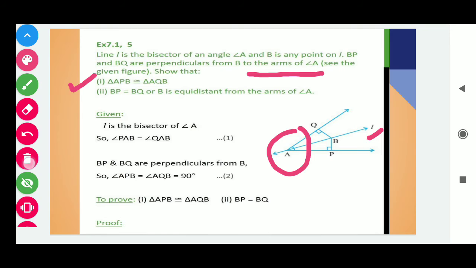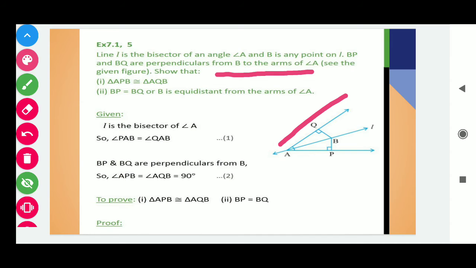So in this way, L is bisector of angle A and B is any point on the line L. BP and BQ are the perpendiculars. You can see BP and here BQ both are the perpendiculars from B to the arms of angle A, and here we have to prove that triangle APB is congruent to triangle AQB.